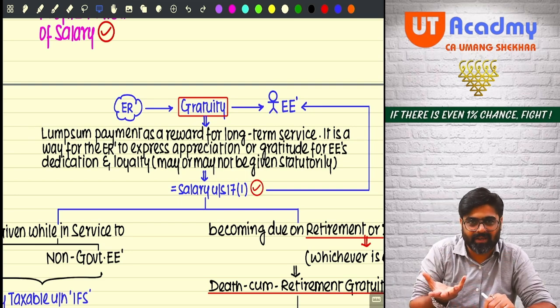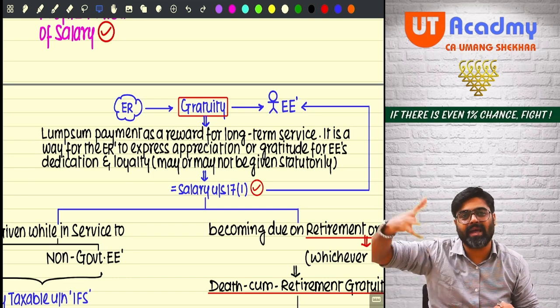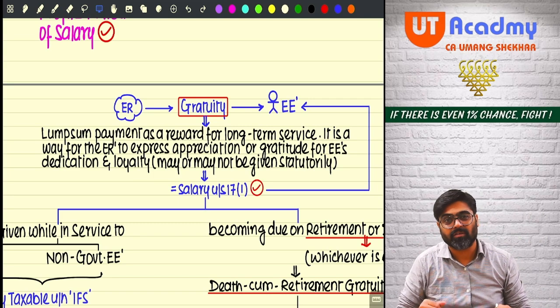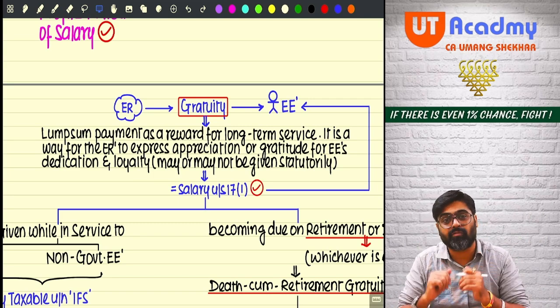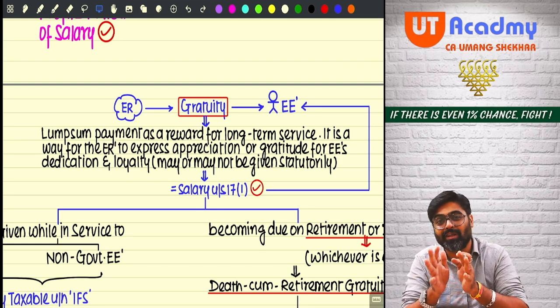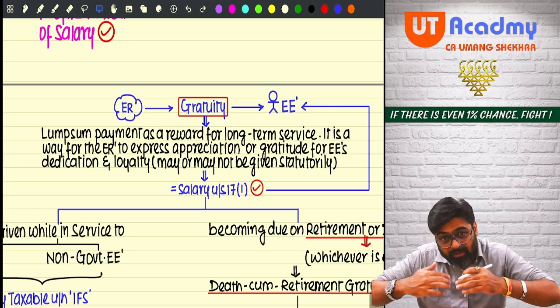He can show the appreciation at the time of your retirement also, and even before you are retiring. While you are serving, you have already completed 5 years or 10 years, so the employer will give you gratuity. Now this gratuity you are receiving while you are in service only.